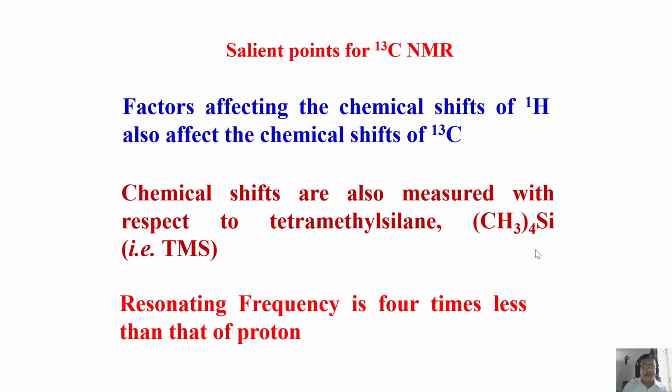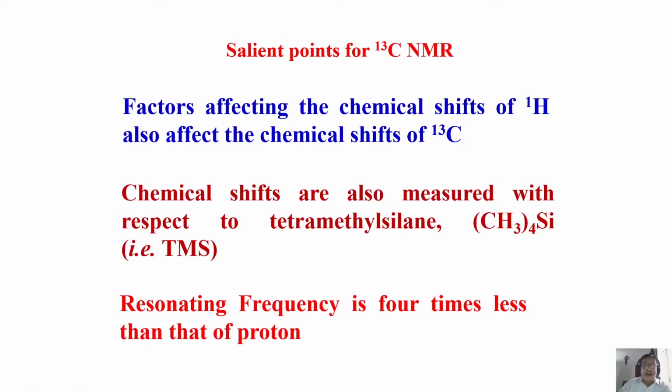Next question is the reference. I told you that TMS, tetramethylsilane, has carbons, protons and silicon. As I said, there are 4 carbons, all chemically equivalent here, and this is a very good reference for carbon 13 NMR. So the reference used for carbon 13 is again TMS, like what we use in proton.